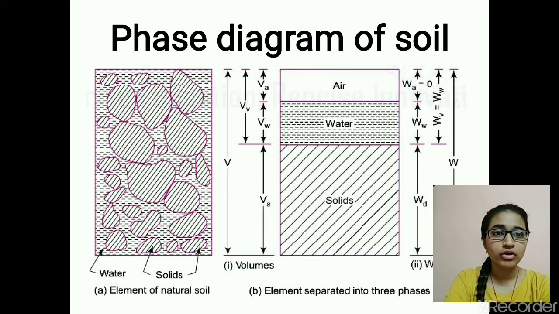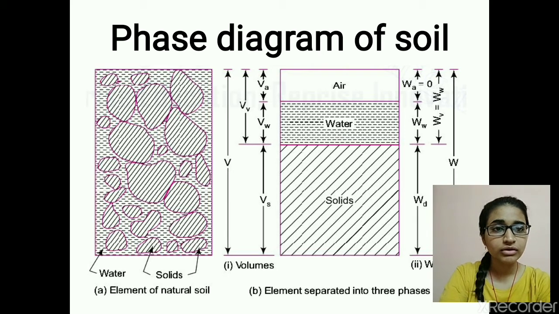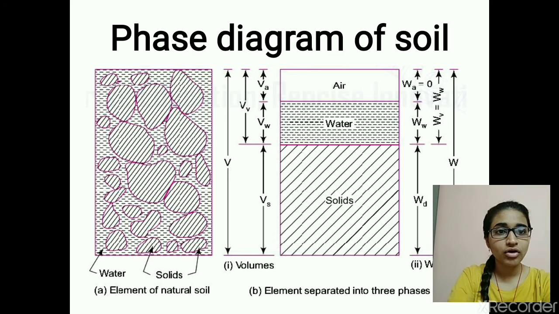So the total volume of voids would be equal to Va plus Vw. Similarly for the weight, we take the weight of solids as Wd. Why Wd? Because this is only of the solids. We represent the weight of water by Ww and the weight of air as Wa.